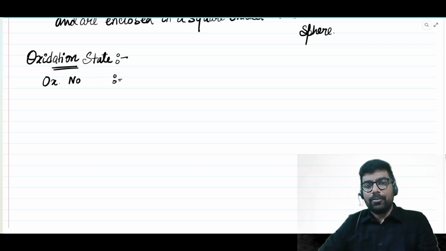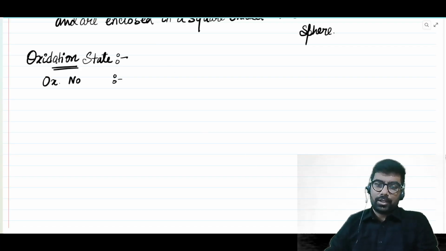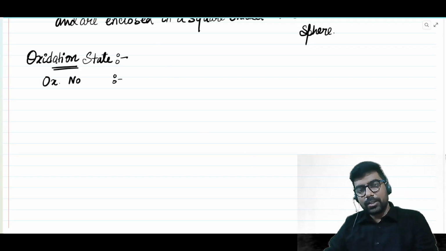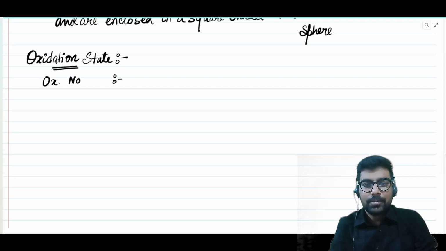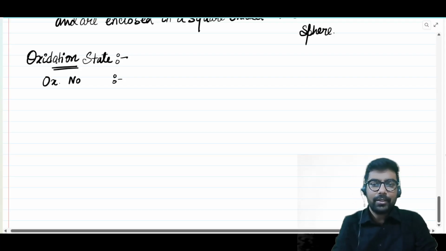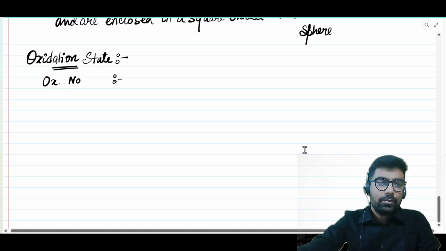It means the same whether we call it the oxidation state or the oxidation number, both mean the same thing. So now we will move on to what the oxidation state or oxidation number is. Basically you have to calculate that. The oxidation state is basically calculated for the central metal ion.